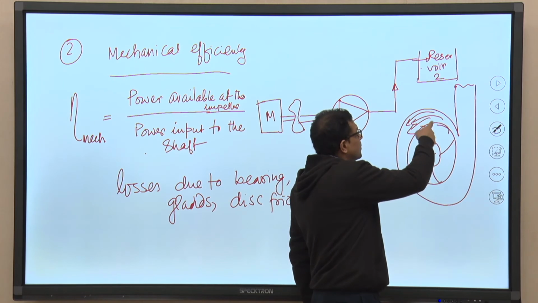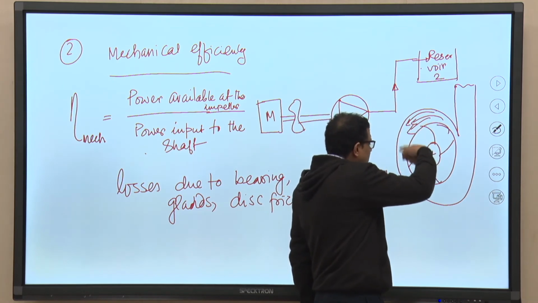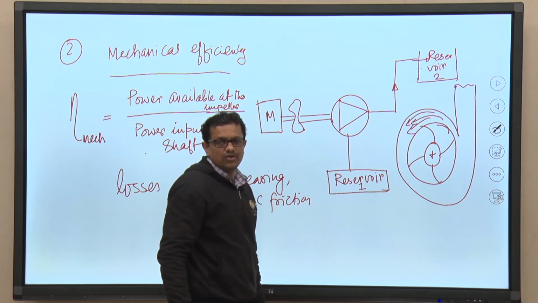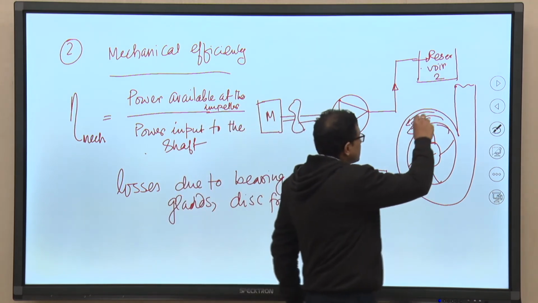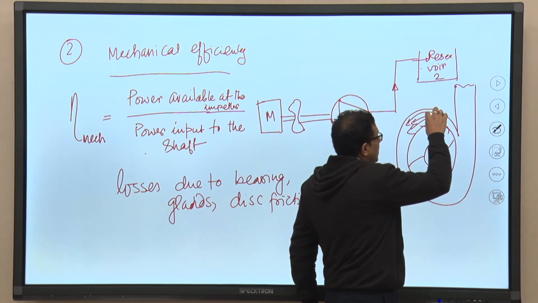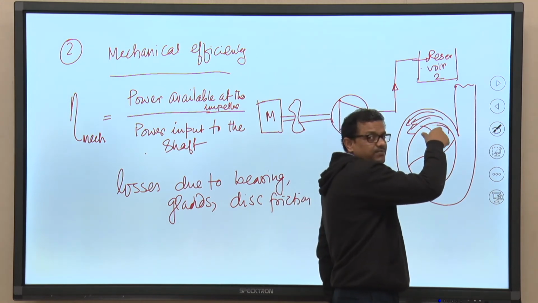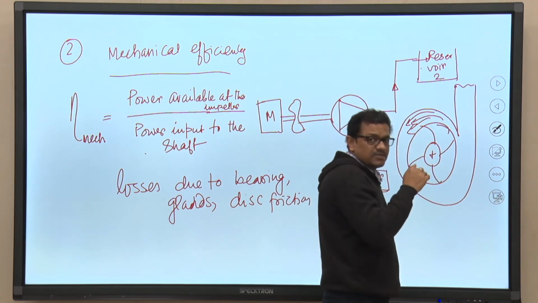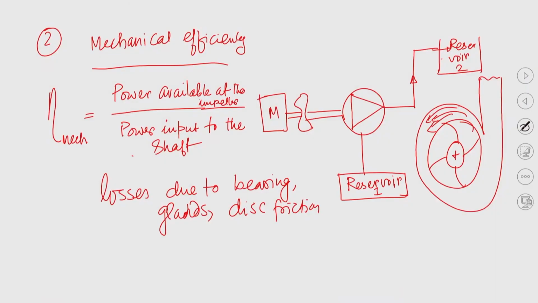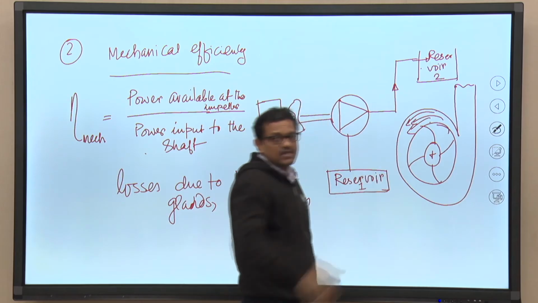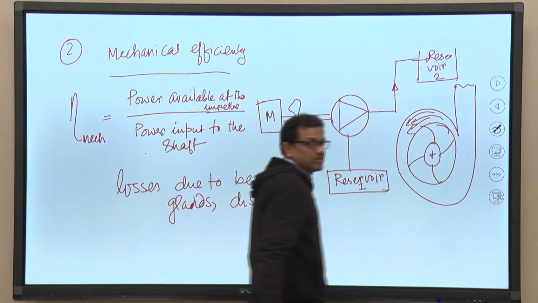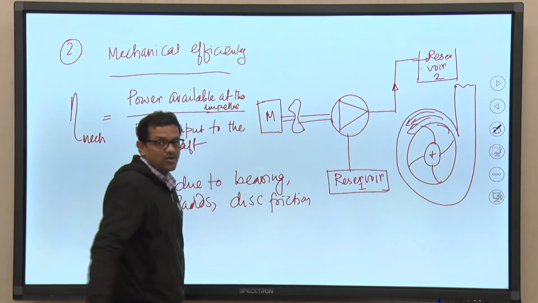Because of this rotation of the impeller, the fluid also will rotate in this direction, and eventually it will come out from the pump and go to the delivery pipe. But since this is a confined space, the fluid occupying it experiences viscous friction with the outer surface of the impeller, and that is the disc friction loss.